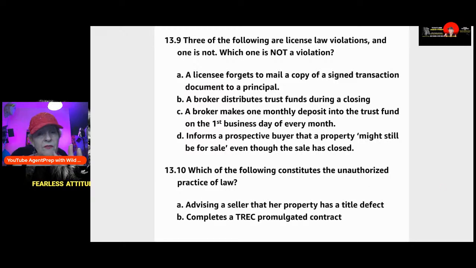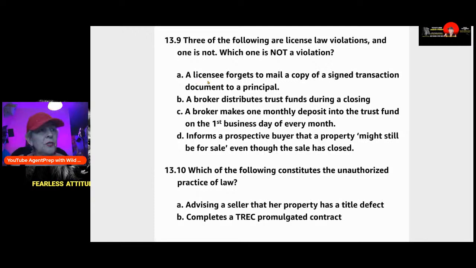Okay, so three of them are violations. One of them is not. Which one is the correct one that is legal? Type your answer in the chat.